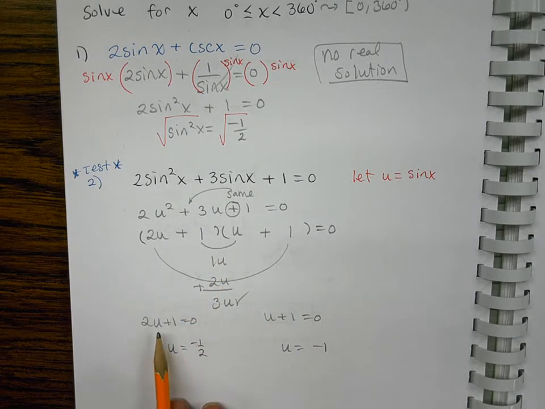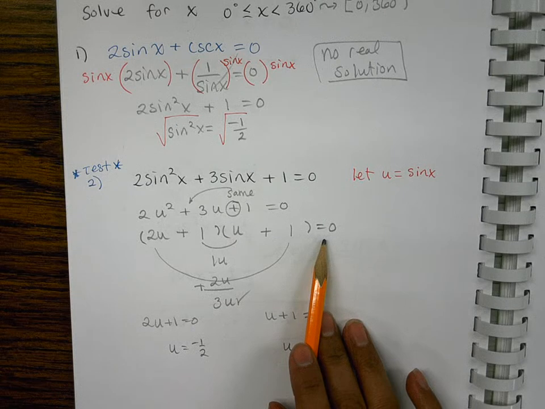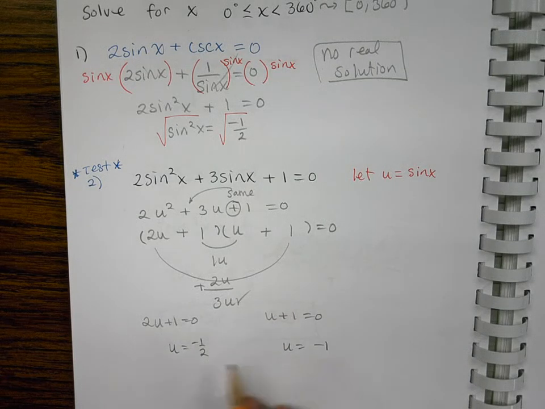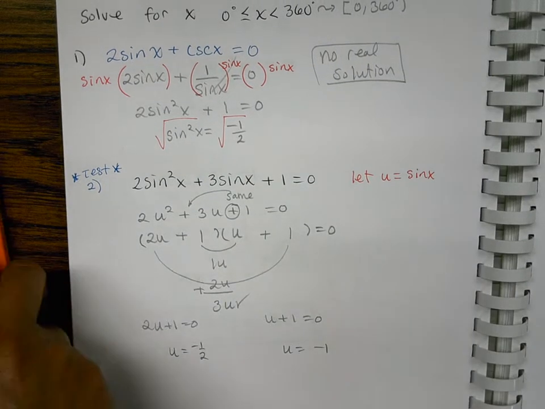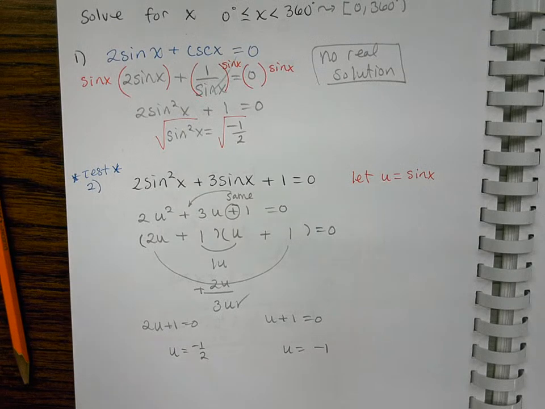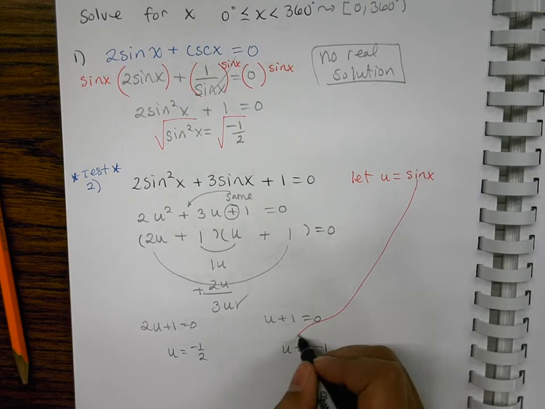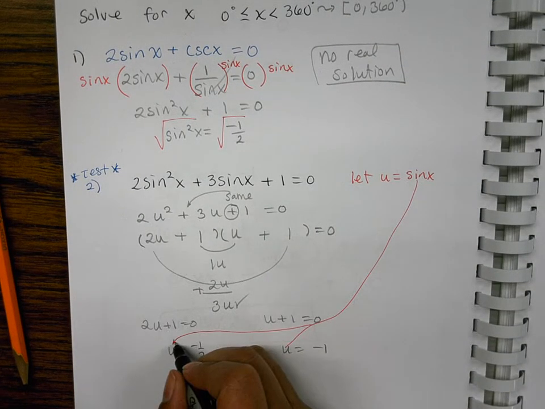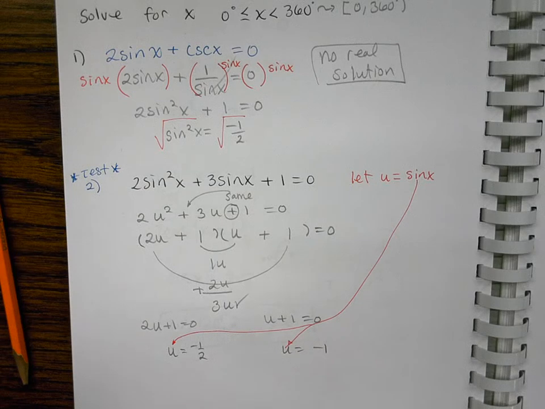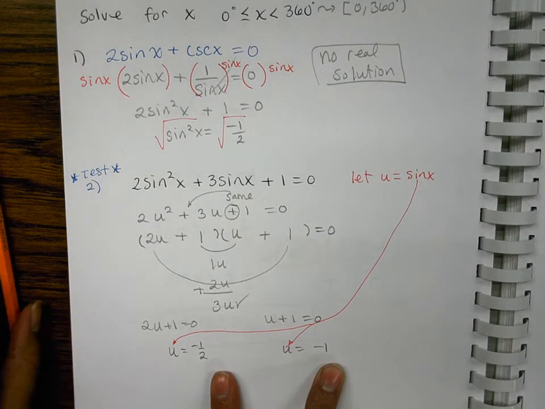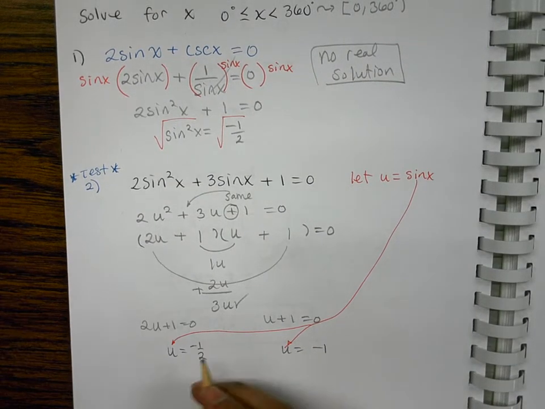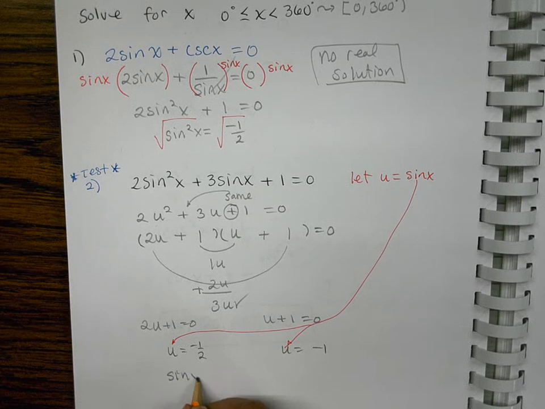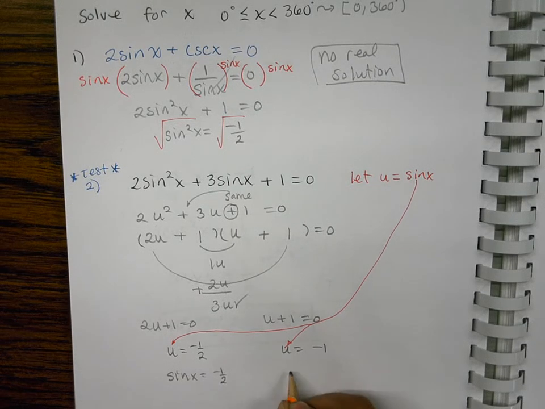Solved equals 0 using the zero product property. Solved and solved. And now I'm at the point where I will be plugging the sine x back in for the u's, because if you gave me these two answers on the test, that would be wrong. So it is sine x equals negative 1/2 and sine x equals negative 1.